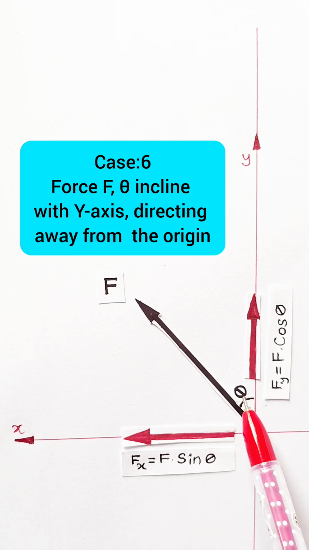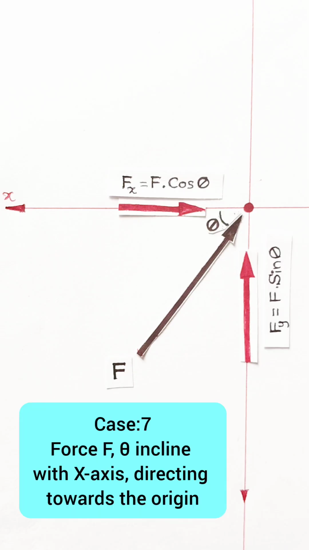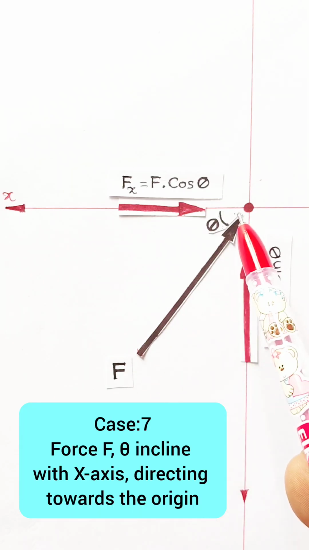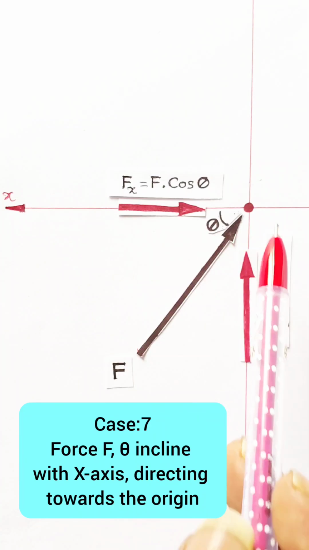The opposite component to this theta is Fx, Fx equal to F into sin theta. If the inclined force is directed towards the origin, the components' direction is also directed towards the origin.